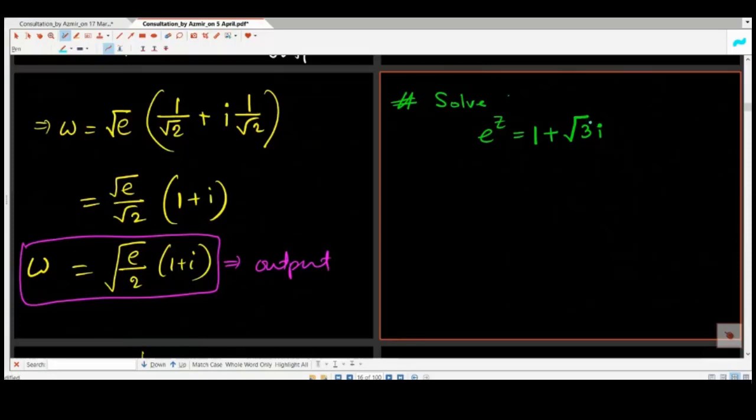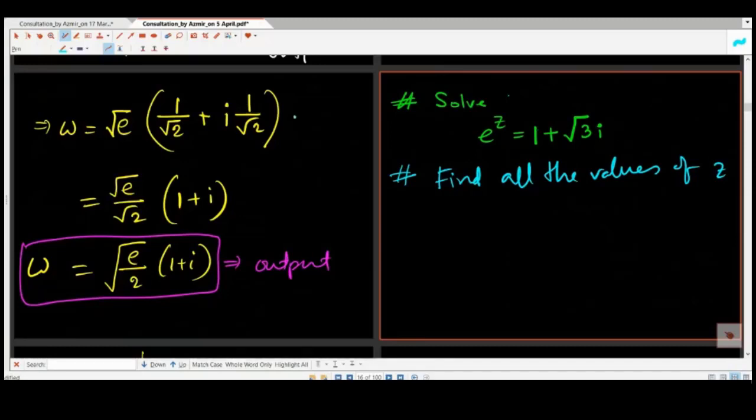We need to solve this equation. That means the alternate form of the question will be: find all the values of z for which we have this result.